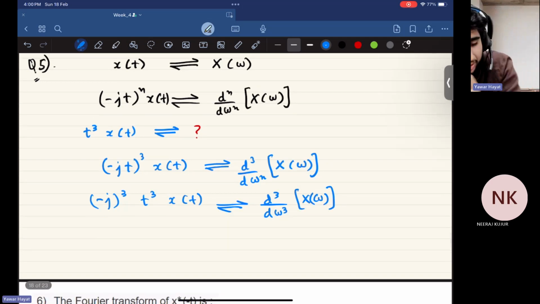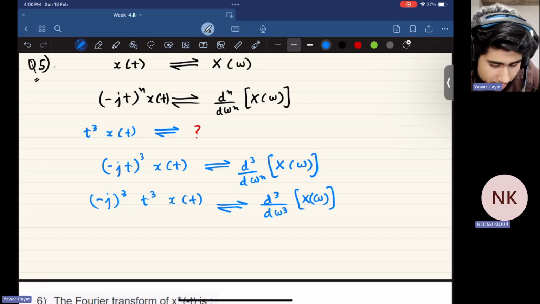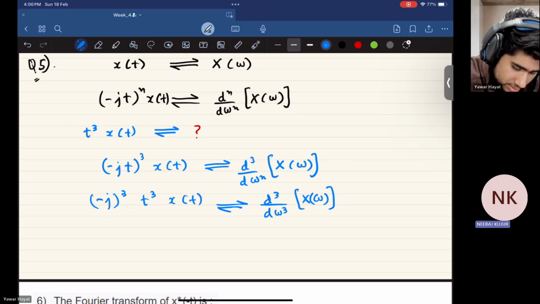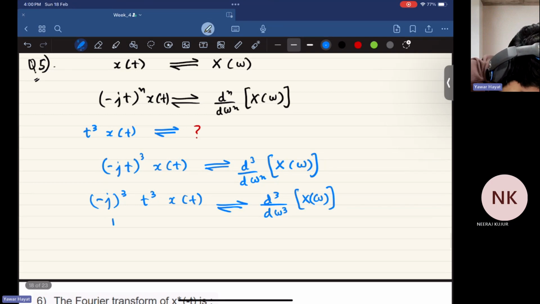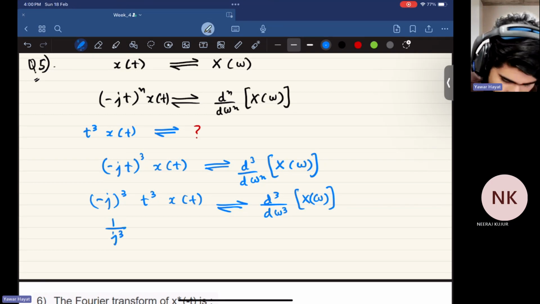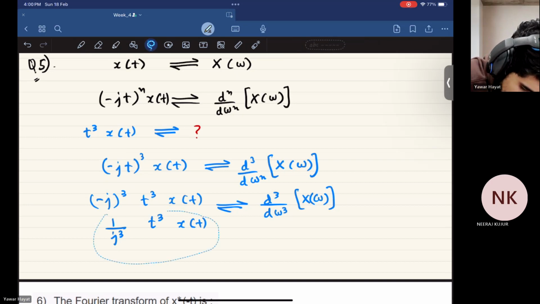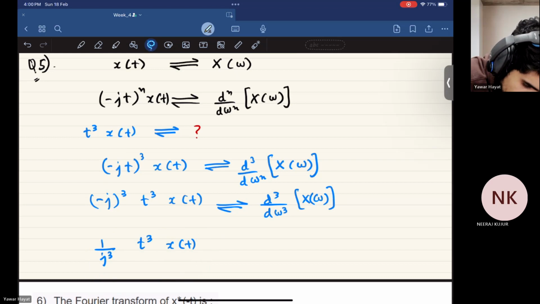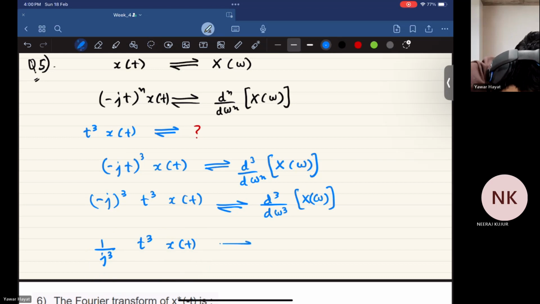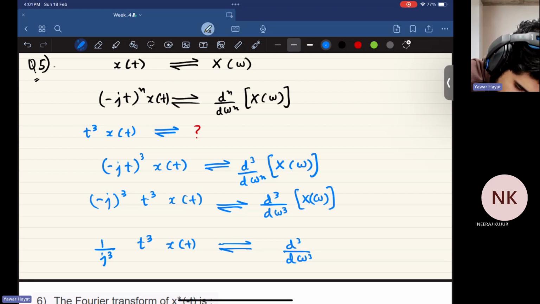What is this minus j? Can I write that as 1 over j? Yes, I can write that. So this is 1 over j cube, 1 over j cube t cube x of t, d3 by d omega cube x of omega.